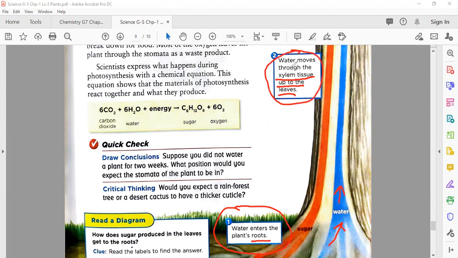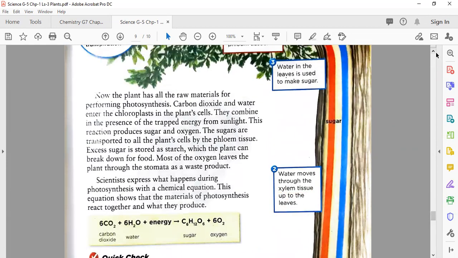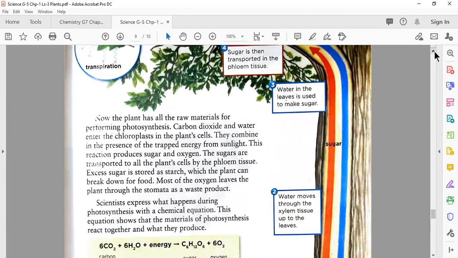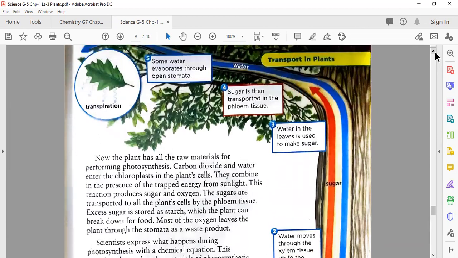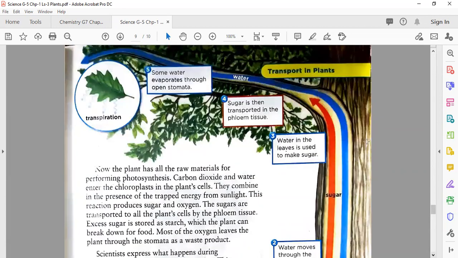Now after this, you can see in this diagram, when this water goes up, water in the leaf is used to make sugar. The first purpose of the water used in the leaf is to make sugar like glucose, with oxygen as a byproduct, as I explained to you.